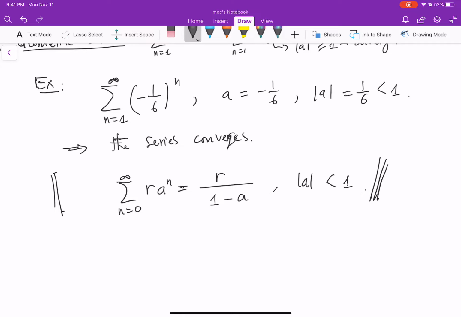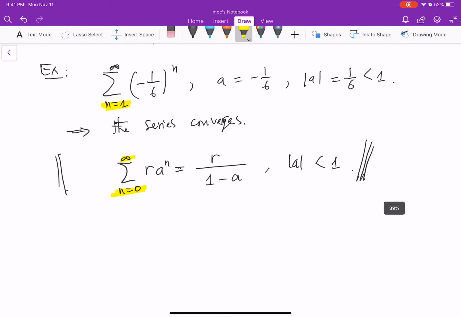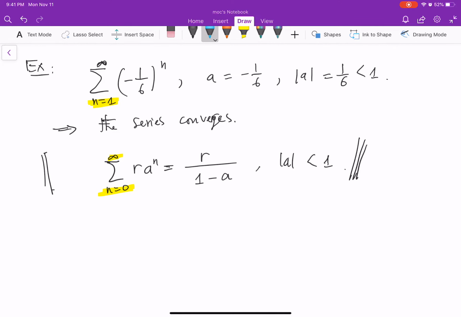Pay attention that the index runs from 0 to infinity, but in our series, the index runs from 1 to infinity. So how to adjust this? It's easy. I write the sum from n equals 1 to infinity of negative 1/6 to the n.